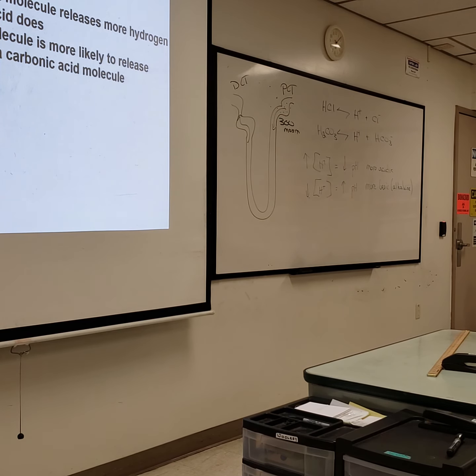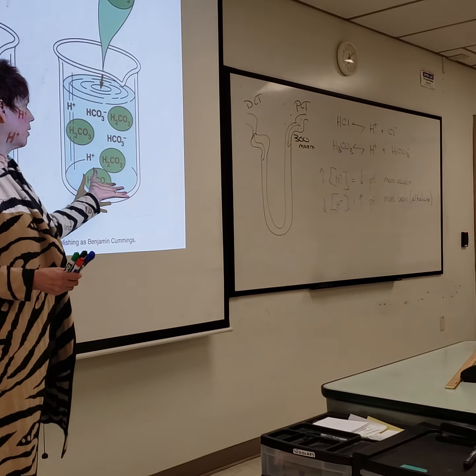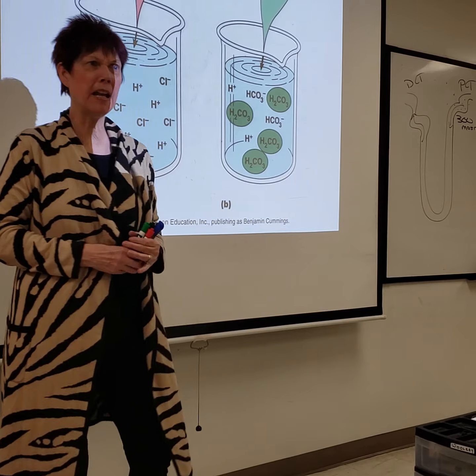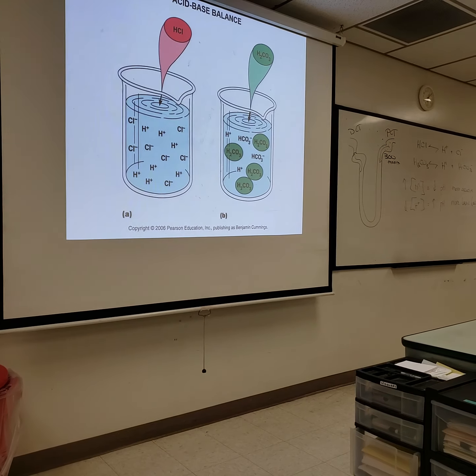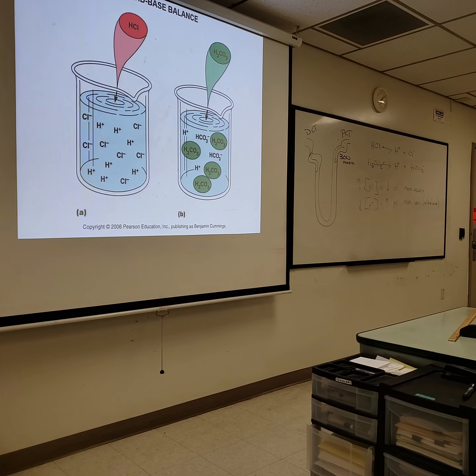Okay? So if we go back to this diagram, you can see that every hydrogen and chloride ion are separate, whereas this shows about half of the carbonic acid molecules are still attached to their hydrogen. When hydrogen is not an ion, it's not going to affect pH, okay? It has to be removed from or added to a particular solution to affect the pH.